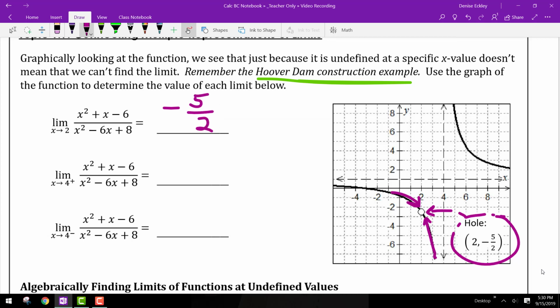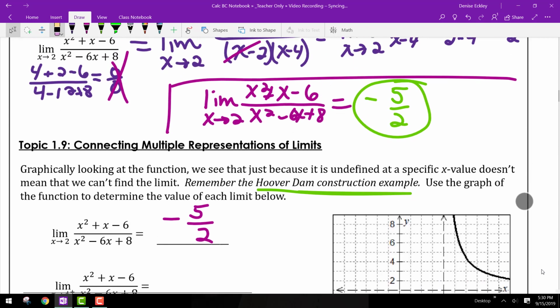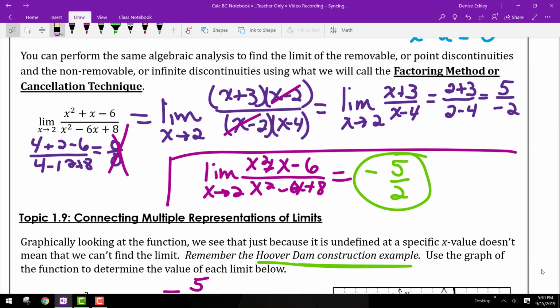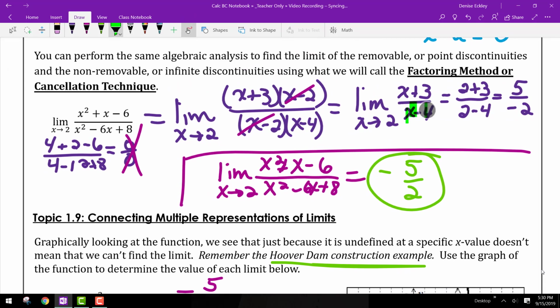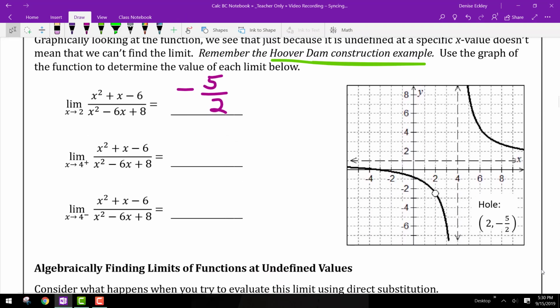So what if we look at 4? What you'll notice at 4 is, that's the other half. Let me just move up and show you the simplified fraction. That's the other factor that we could not remove. So what we notice at the graph is that we have a vertical asymptote.